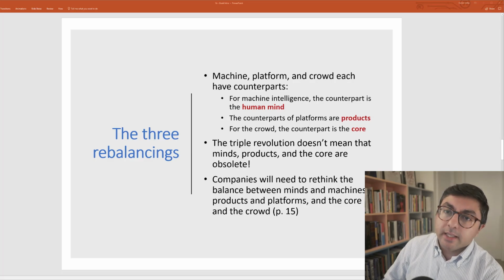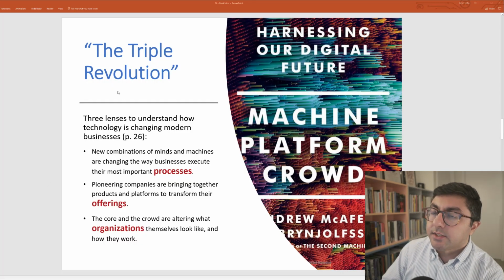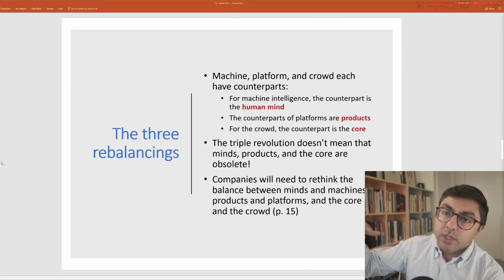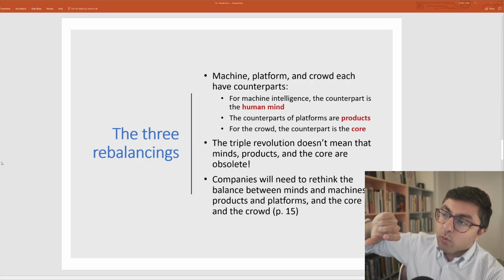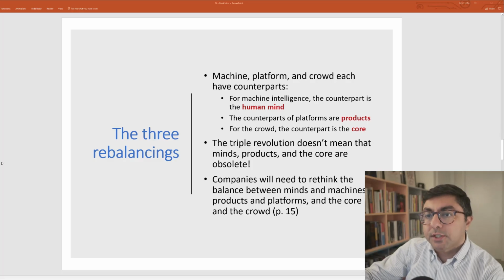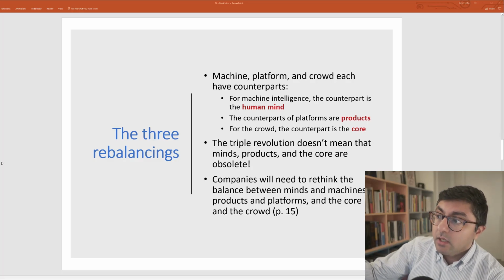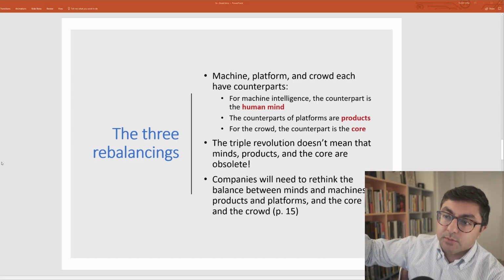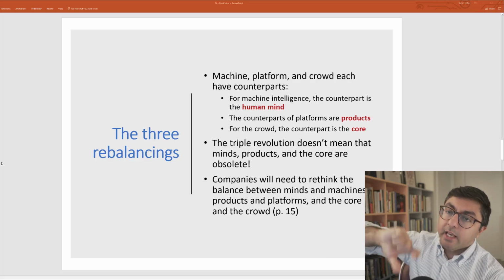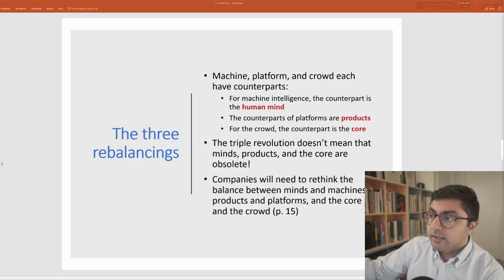So, again, similarly to the idea that there's a triple revolution, within that there's three rebalancings that are happening. For machine intelligence, the counterpart that's being rebalanced is the human mind. For the platform, the counterpart that's being rebalanced is the product, and for the crowd, the counterpart that's being rebalanced is the core.